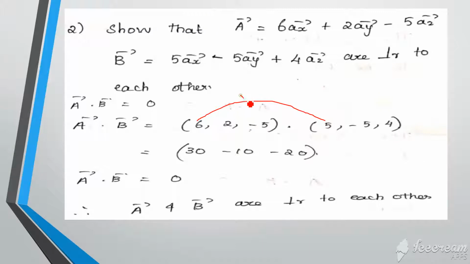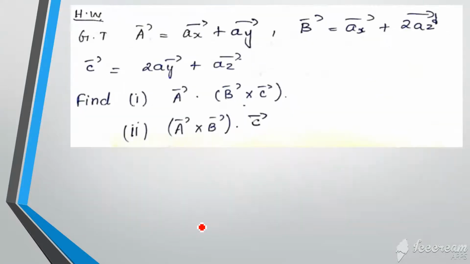X coordinate times x coordinate: 6 fives are 30. Y coordinate: 2 into minus 5 becomes minus 10. Z coordinate: minus 5 into 4 becomes minus 20. While adding all these values, the answer becomes 0. Therefore, a vector and b vector are perpendicular to each other.